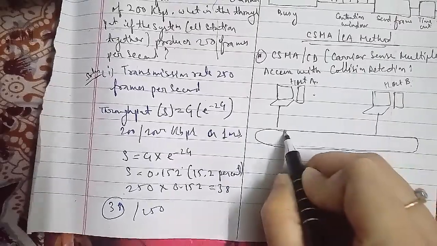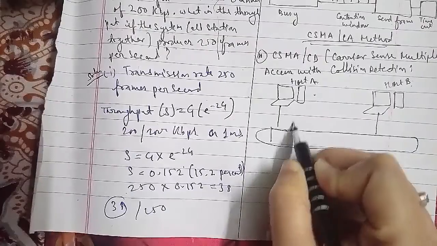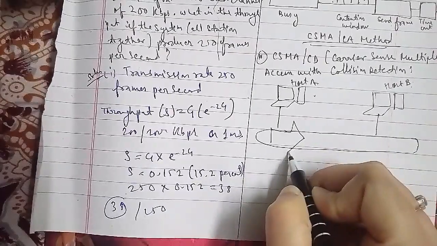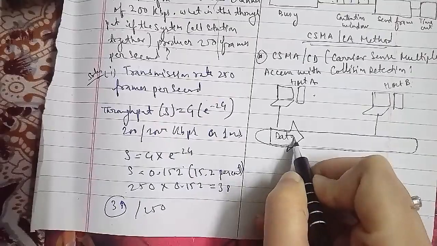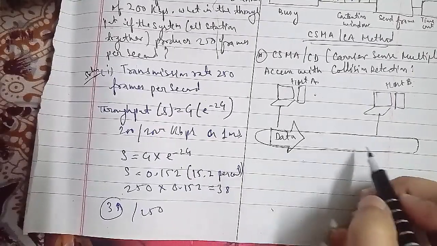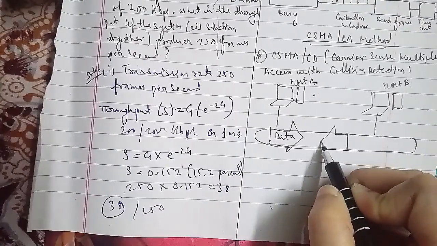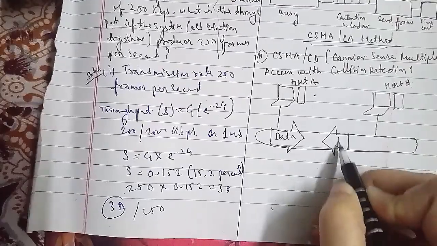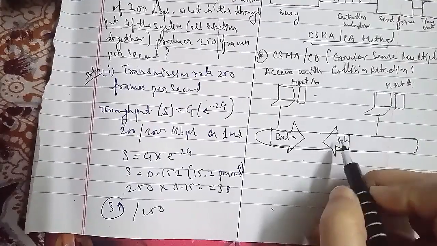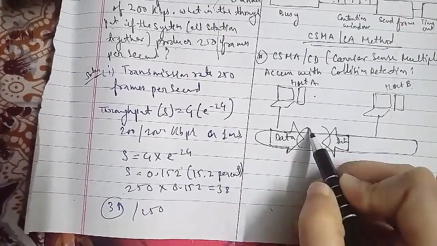This is where the collision occurred. This is host C. So this is where a collision occurred, and this is a diagram which shows CSMA CD, that is carrier sense multiple access with collision detection.